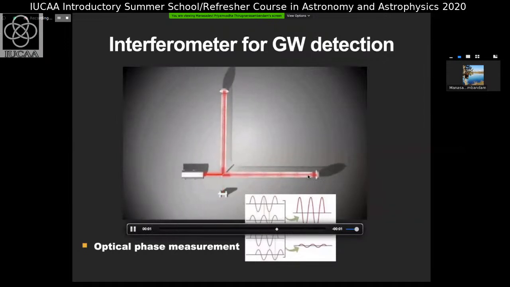Depending on the constructive or destructive interference of the recombined laser field, you can see either a bright or a dark fringe.